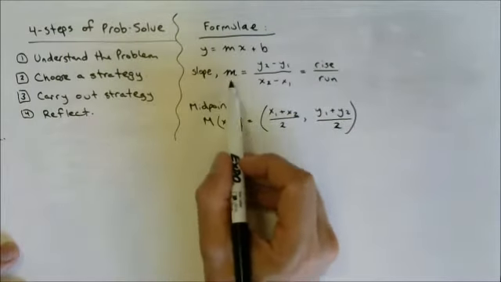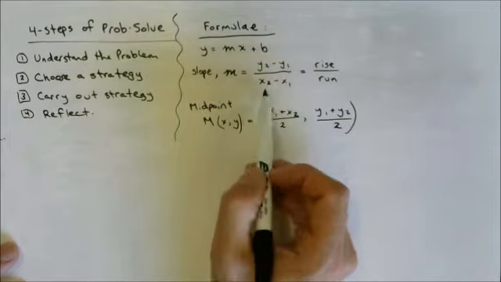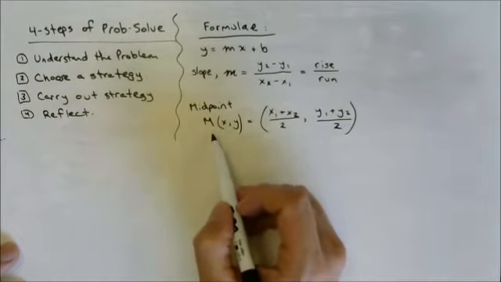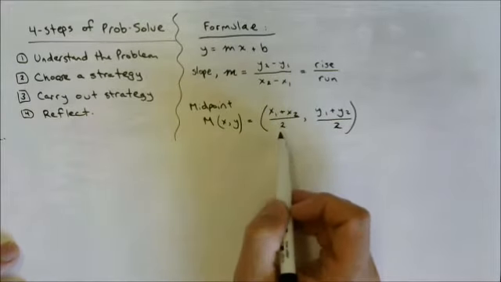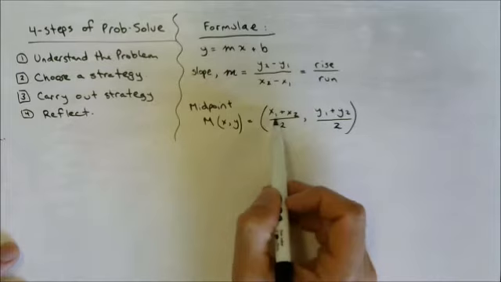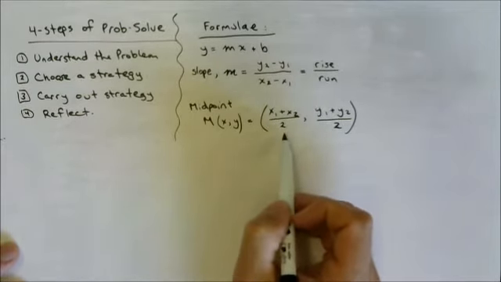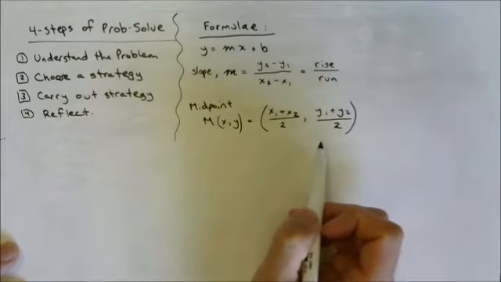In the slope formula, you have y2 minus y1 and x2 minus x1. In the midpoint formula, you're finding an average. Okay, you're finding the middle. So you need to add those and divide by 2. You need to add your x coordinates and divide by 2 to find the middle. Same with your y coordinates. Add them, divide by 2.